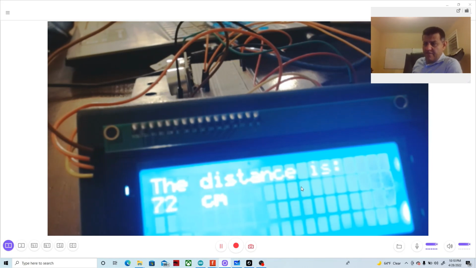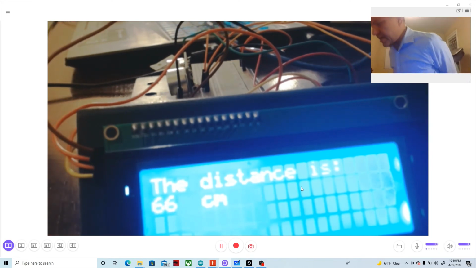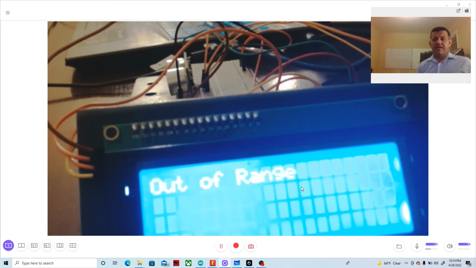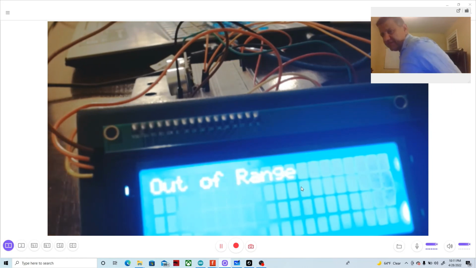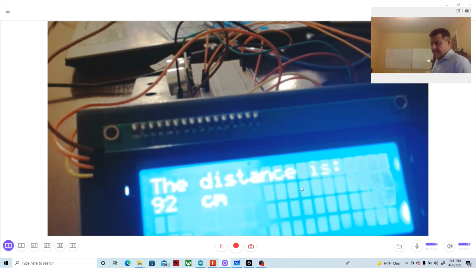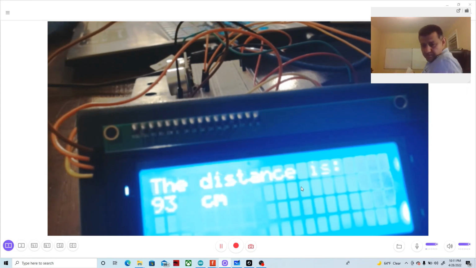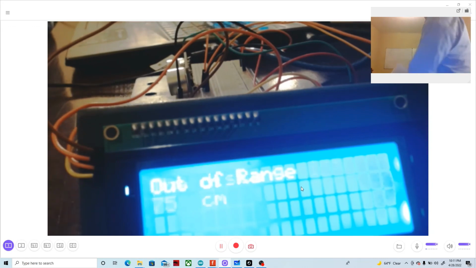But right here, if I step away and I don't have anything, it will say out of range. It's not sensing anything. But if I come close to a meter, see that's 84 centimeters. I am going far away, and it's farther away, and probably, okay, I think it's sensing me, it's not even sensing the paper, but we'll see. Here you go.